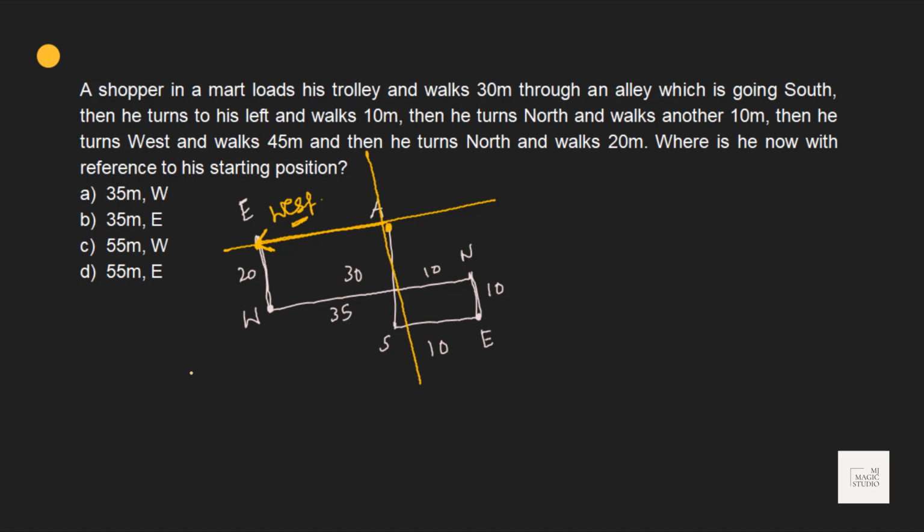So the end point is towards the west of the starting point, and it forms a rectangle. So the opposite sides should be equal, so that is 35. We have marked it initially itself. It should be 35 meters west. Yes, option A fits in.